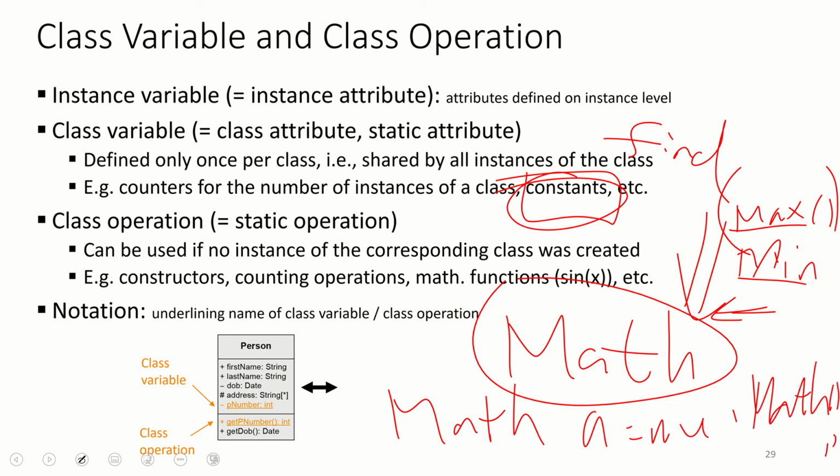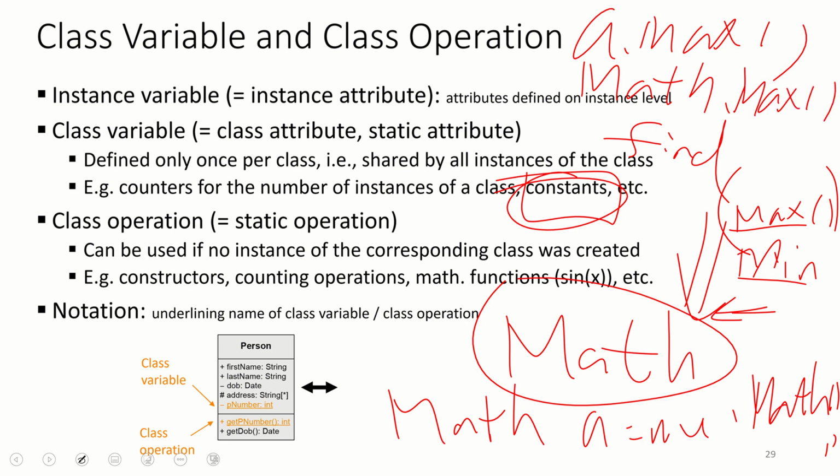You don't have to, because even if we try it this way, a.max or Math.max, what's the difference? There's no difference, because this max value won't change because of the object, right?